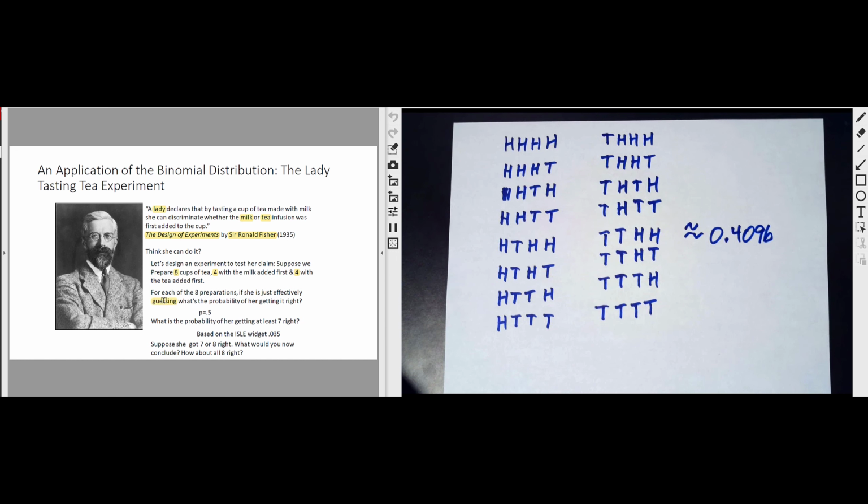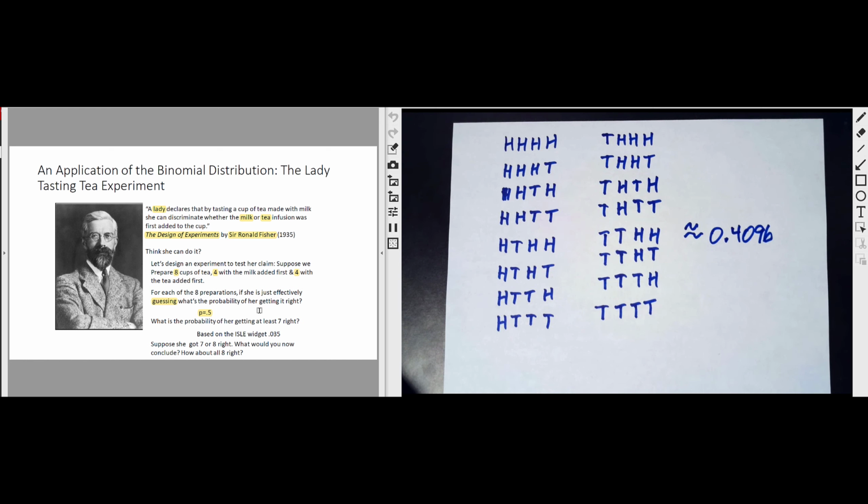Now, if she is merely guessing, if she really can't do this, and consequently she's merely guessing on each of the cups, the probability of her being successful in telling whether the milk was added first or the tea was added first is 0.5. Okay, because half of our samples had milk added first, half of our samples had tea added first.